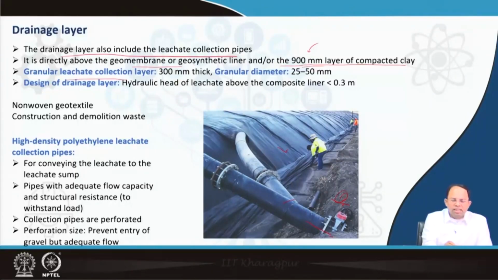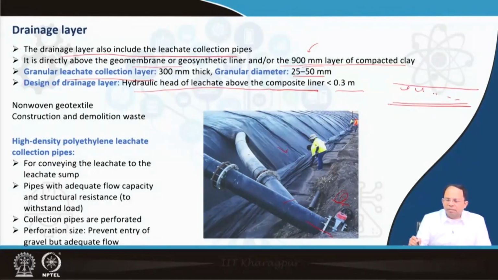So a granular leachate collection layer is 300 mm thick as we discussed, and granular diameter is 25 to 50 mm, and the design of the drainage layer is such that the hydraulic head of the leachate above the composite liner should be lesser than 0.3 meter. So that means above the composite liner we have the drainage layer, right?